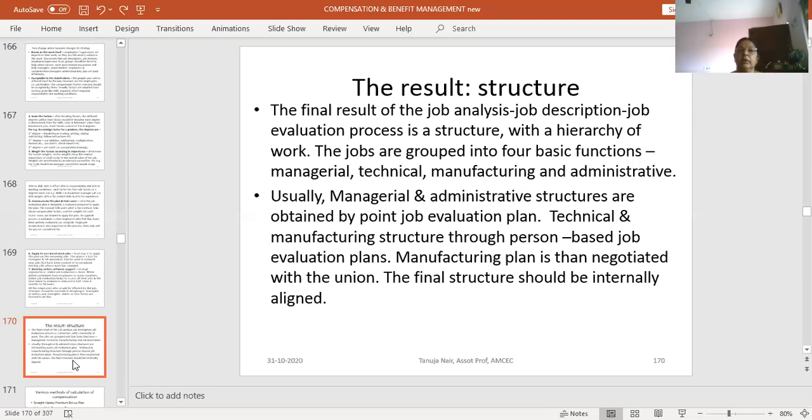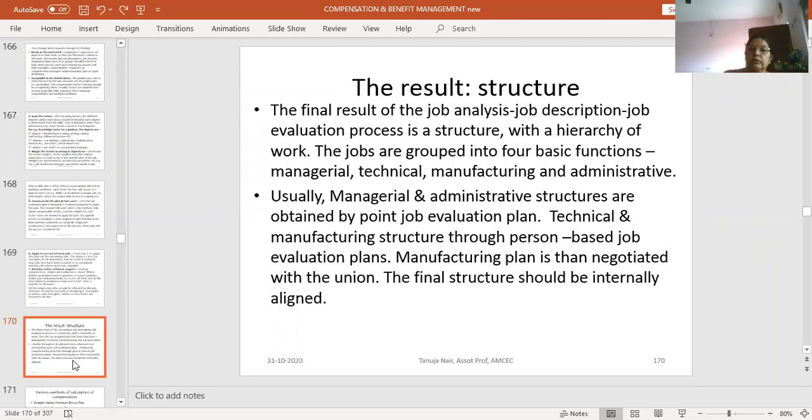Job based evaluation is where you consider the job's requirement. How much skill, how much responsibility, how much knowledge is required for a job, how much mental effort, how much physical effort, what are the working conditions for a job. So that is job based evaluation. In person based evaluation, you see the person's credentials.